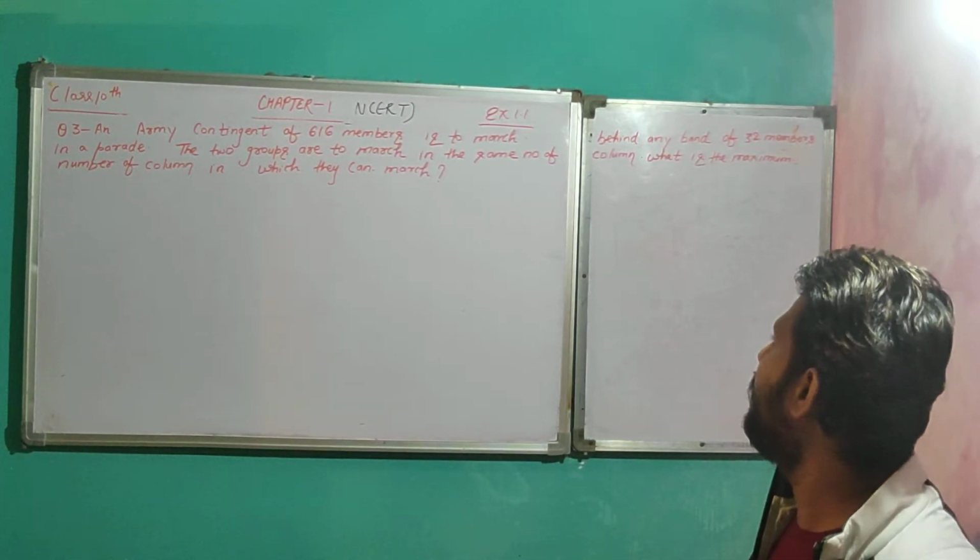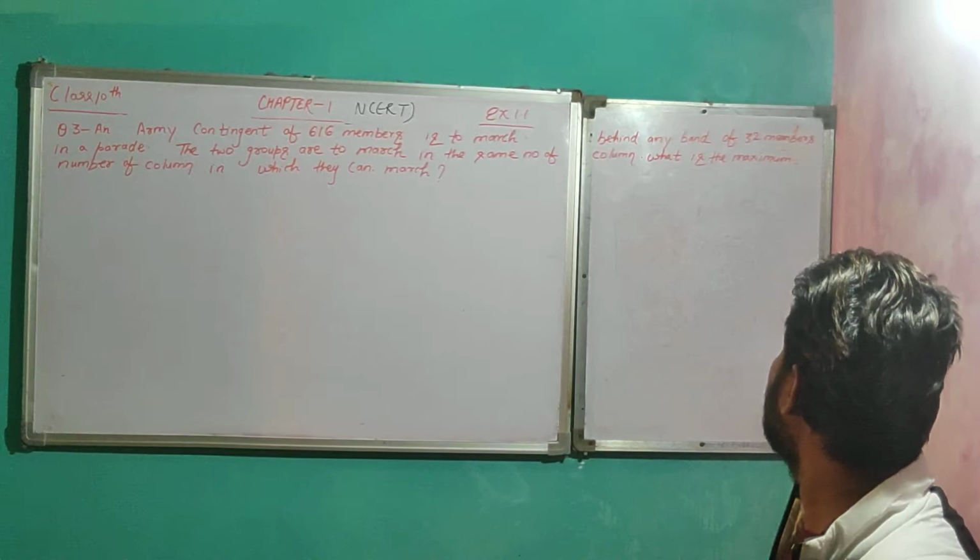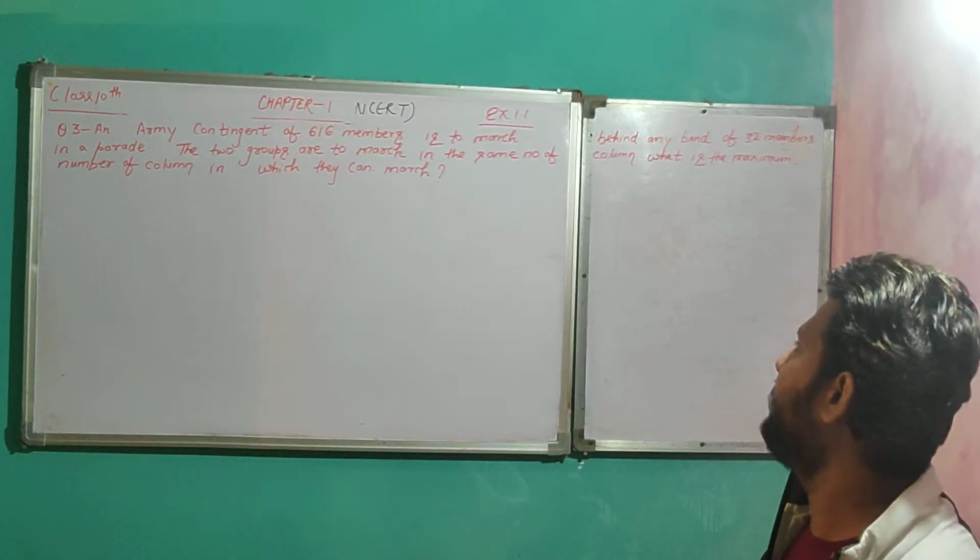The two groups are to march in the same number of columns. What is the maximum number of columns in which they can march? Okay. Our question is: an army contingent of 616 members is to march behind a band of 32 members in a parade. The two groups are to march in the same number of columns. What is the maximum number of columns in which they can march?